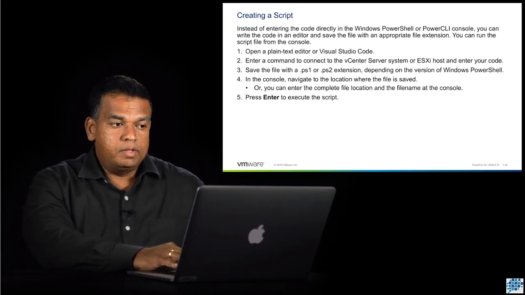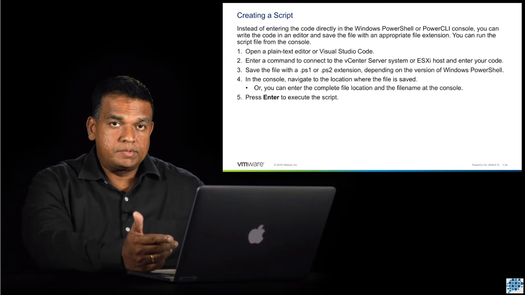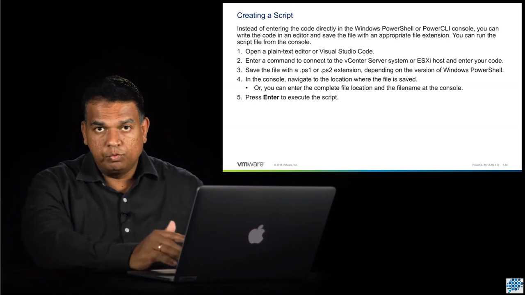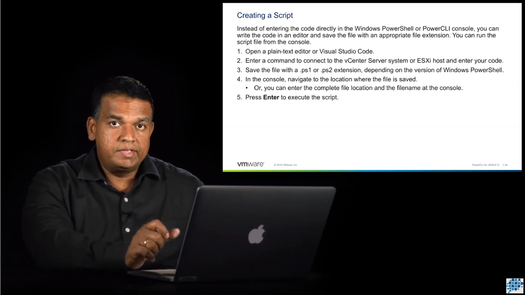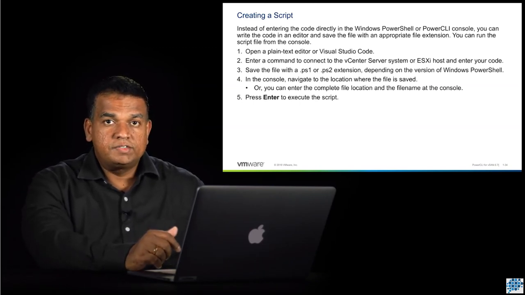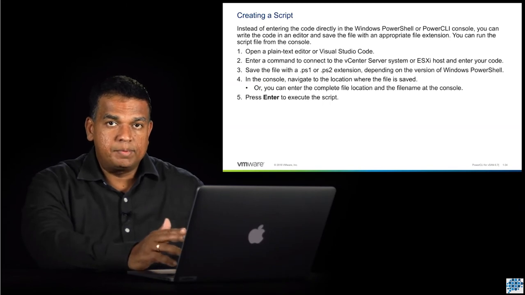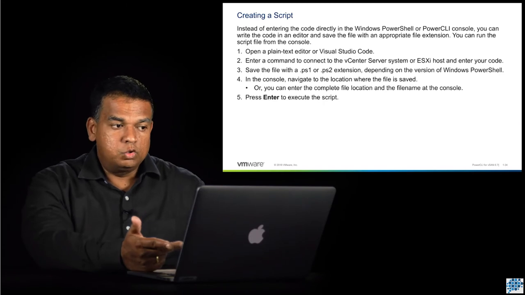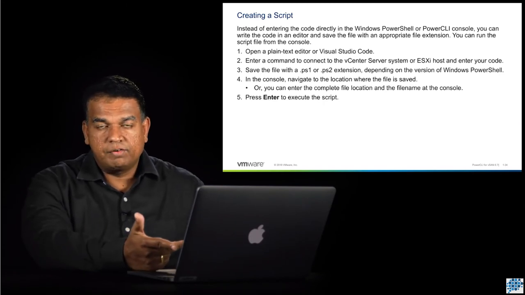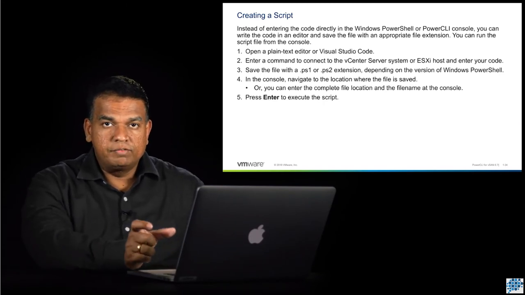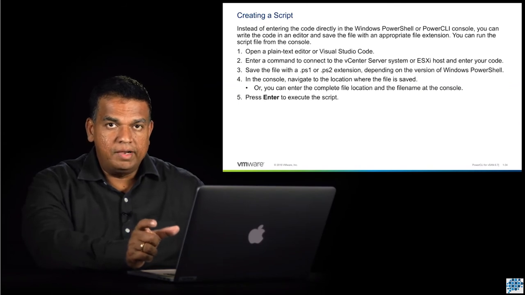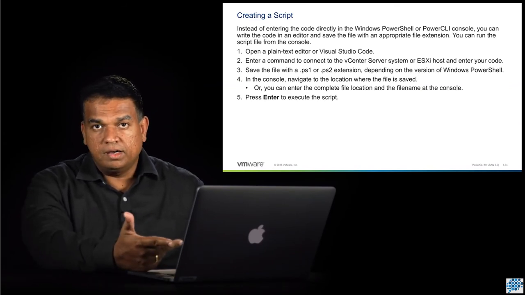PowerCLI scripts have to be saved with the extension .ps1 or .ps2. Both of them will work. The file should end with that extension. Once you have saved all your commands in a script with a .ps1 or .ps2 extension, you can simply run that file from the command line. Simply give the full name and path of that file, and it will execute that script.